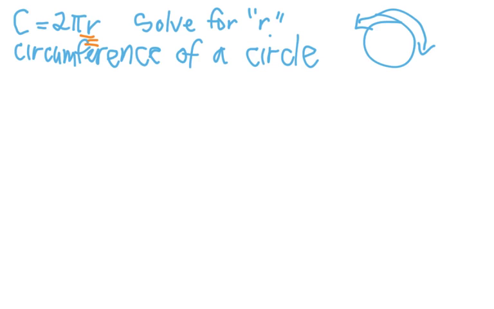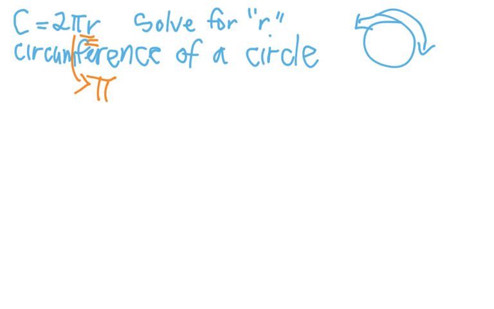So remember, when I have numbers and letters, that happens to say C is equal to 2 pi r. This is pi. Notice I didn't use 3.14. Pi, we're going to use pi, just the way that it is labeled.